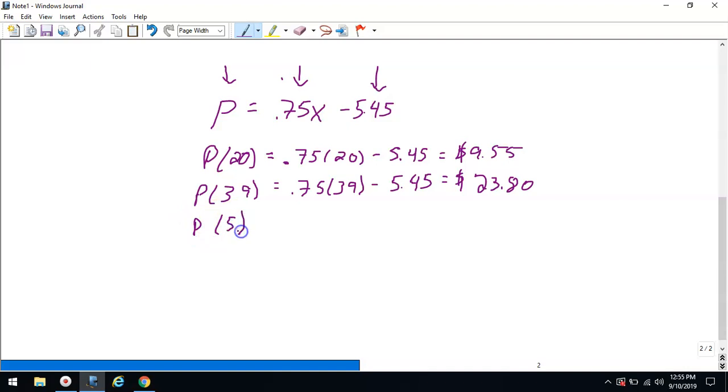Before I do this, I'm going to make a guess that you're actually not going to make money. You might be losing money, but let's check what that is. Yep, the answer is negative 1.7, which means you are losing $1.70. So sell more than that.